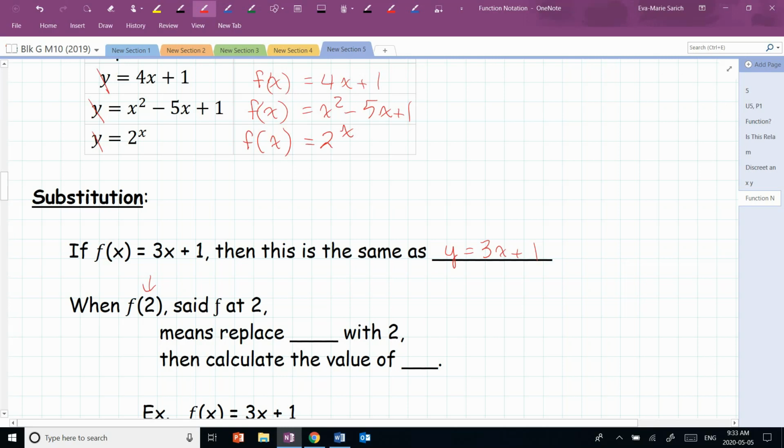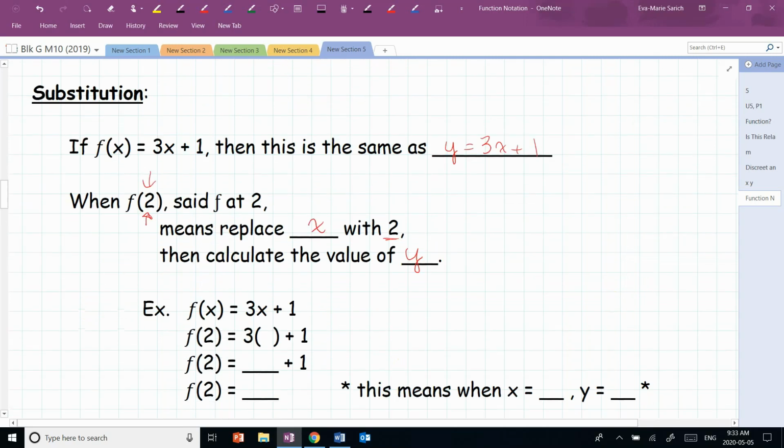That can also be said when the function notation is f at 2. What that means is we're going to replace the x, right? The x was here with the number 2. And then we simply calculate the value of the y.